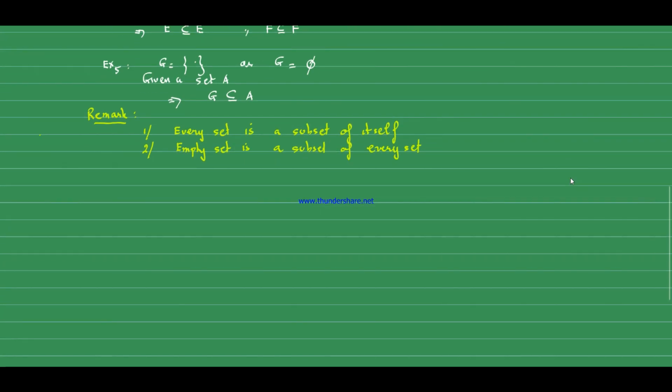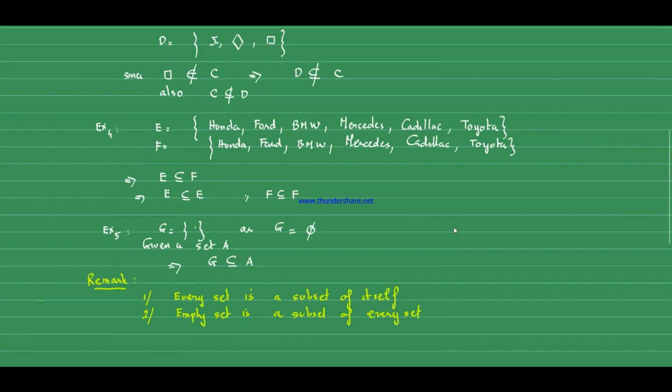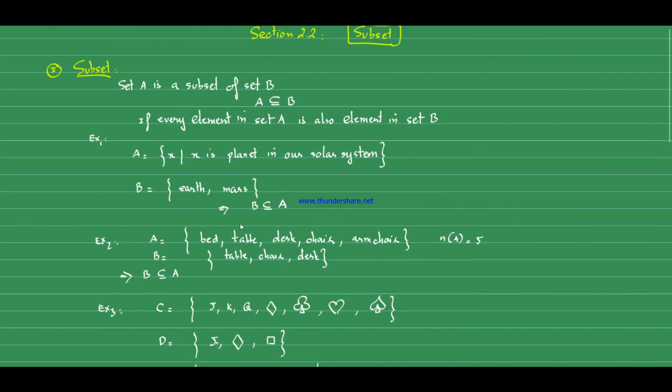So now, we already know that if set A is a subset of set B, then every element of A is also an element of B. That's the definition of the subset.